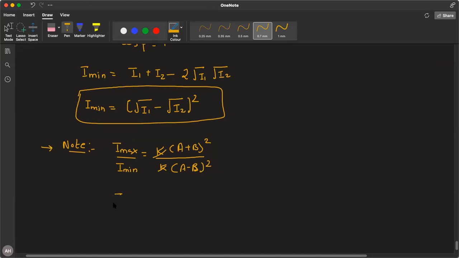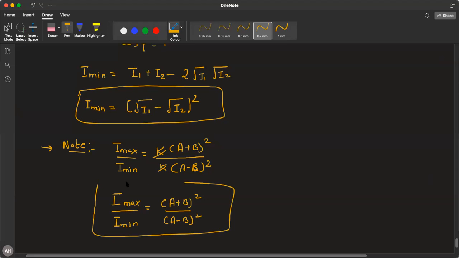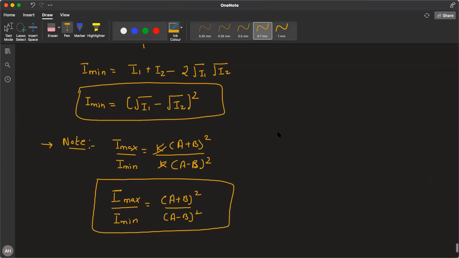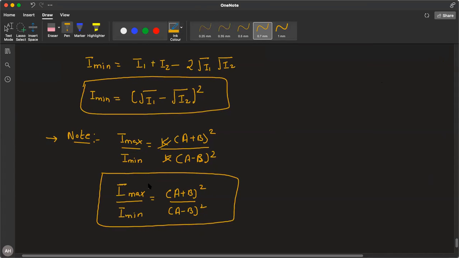I max divided by I minimum is a plus b whole square over a minus b whole square. This is the ratio of maximum intensity and minimum intensity.